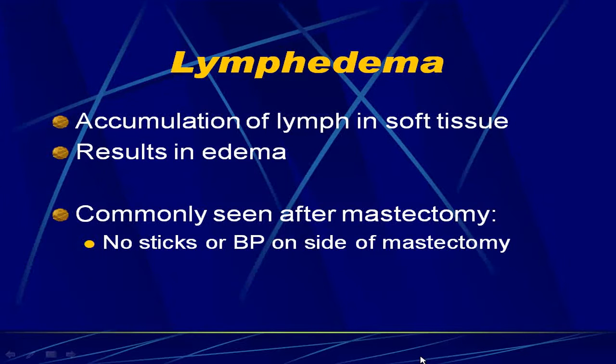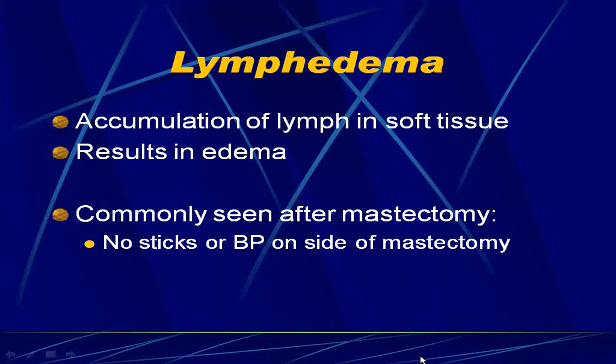And so again, the lymphatic system is responsible for removing bacteria and also helping to remove excess fluids. But with lymphedema, we see that the person has fluid develop in an area. It's commonly seen in a patient that has a mastectomy.